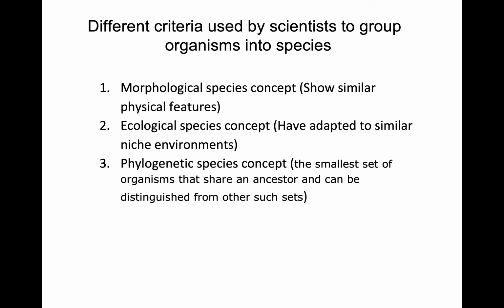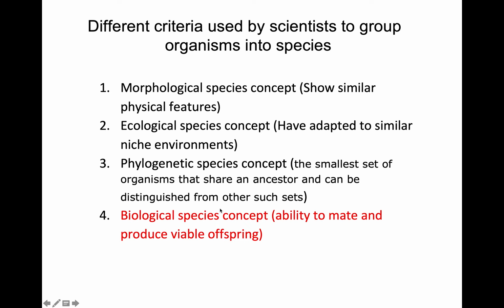The phylogenetic species concept refers to building a phylogenetic tree based on whether a group of organisms share a common ancestor. So organisms are divided into the same group based on ability to create the smallest set of organisms that share an ancestor and can be distinguished from other such sets.